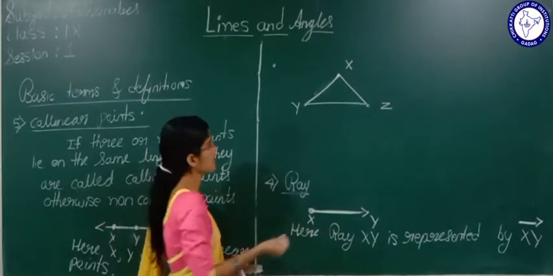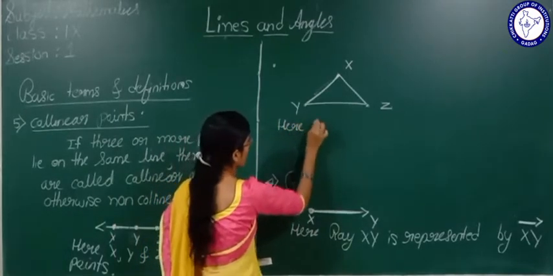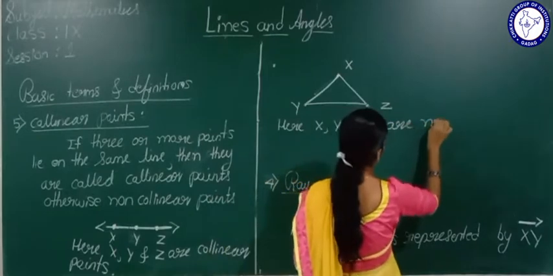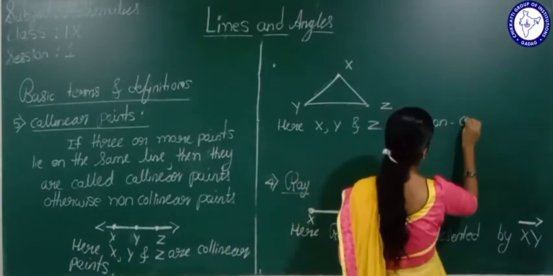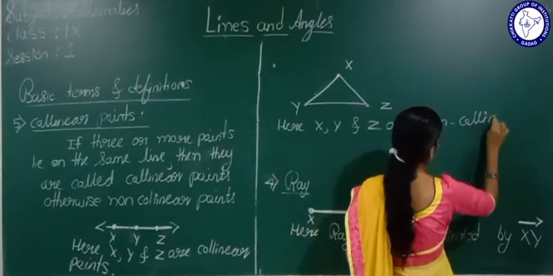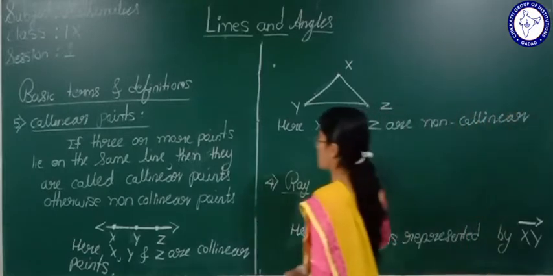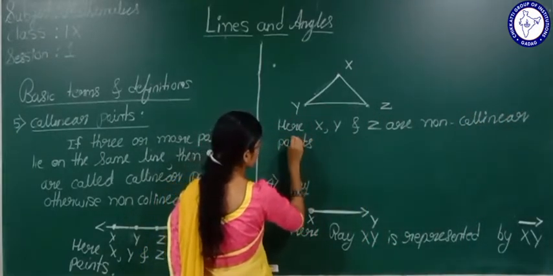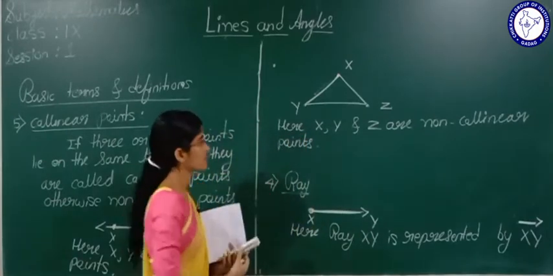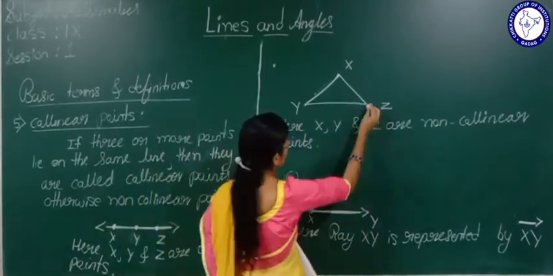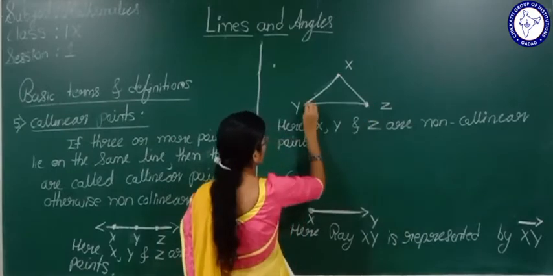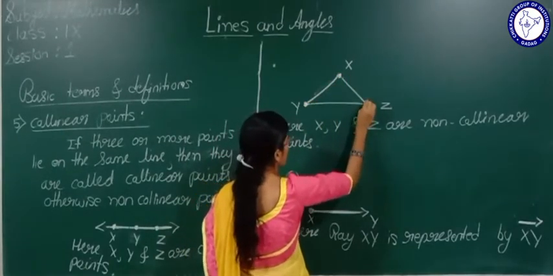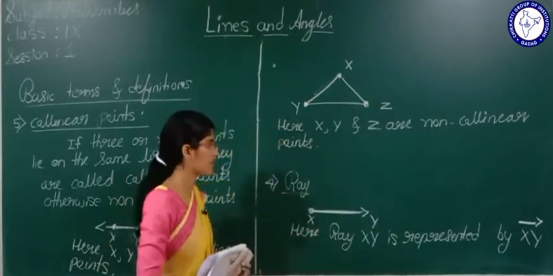What we can tell here is x, y and z are non-collinear points. So you can see here x, y, z are not lying on the same line.